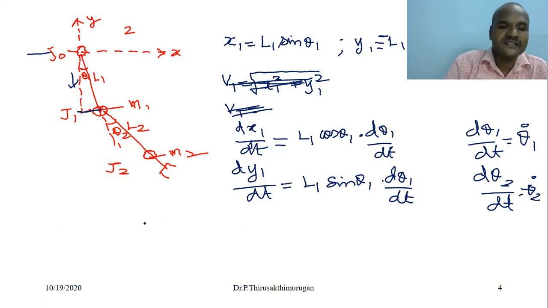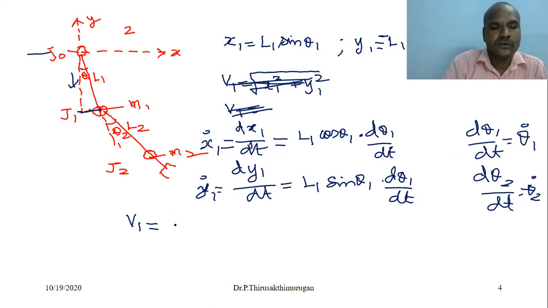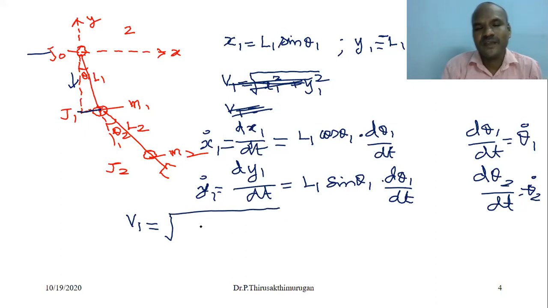Now, what is the velocity v1? Similarly, we can represent this as x1 dot and y1 dot. Why are we calculating velocity?